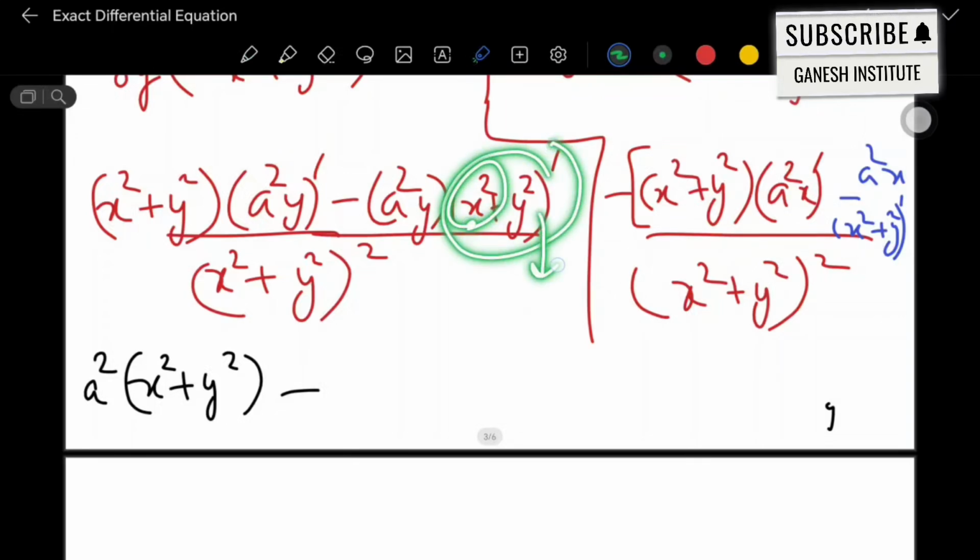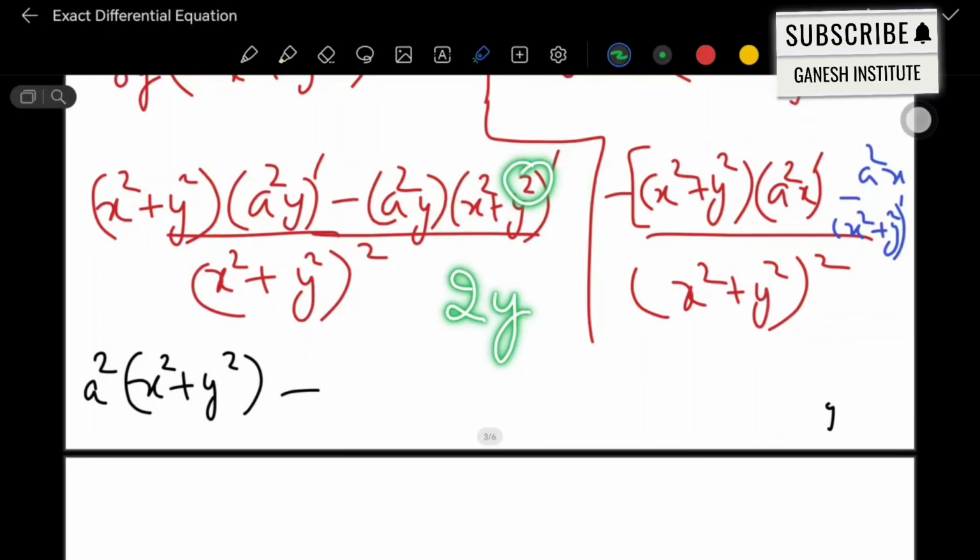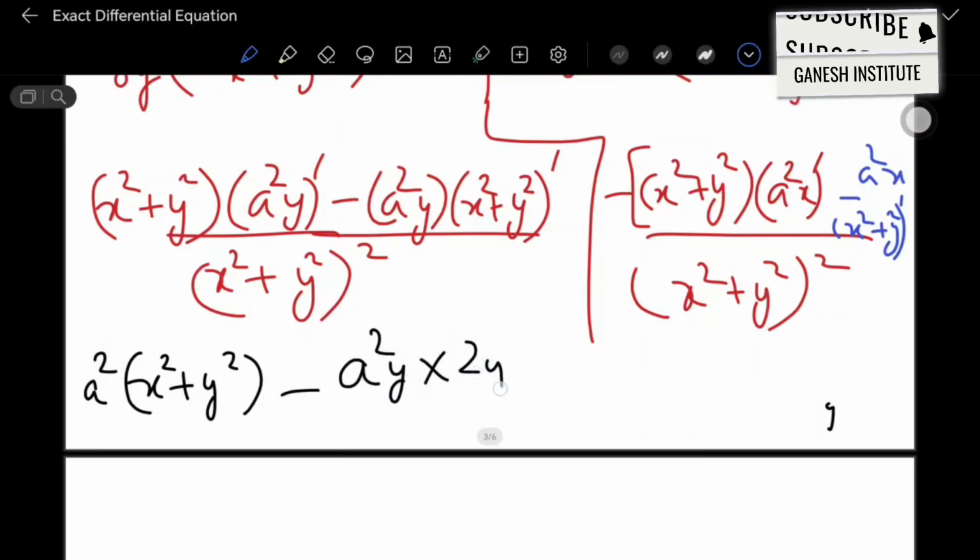Here it will be 2y, because the power will come as coefficient and then 1 will be deducted from the power, so 2y. So a square y as it is, and here 2y divided by the denominator.